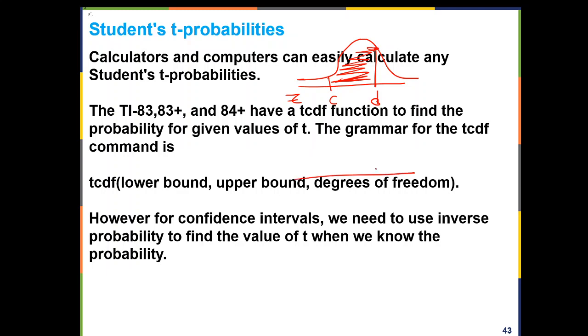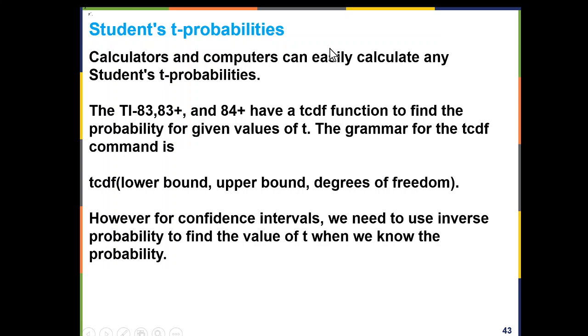Now, if we had a Z distribution and we wanted to know what is a number that has this much to the left of it, we use inverse normal. Now we do the same thing with this.